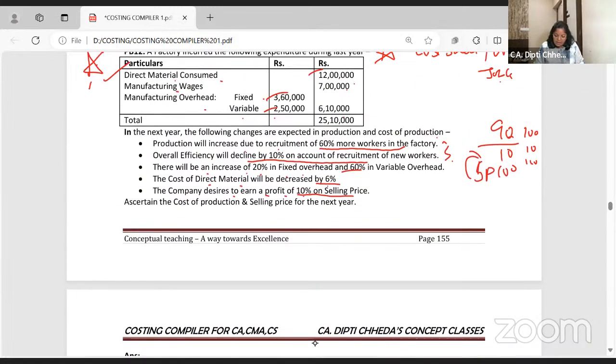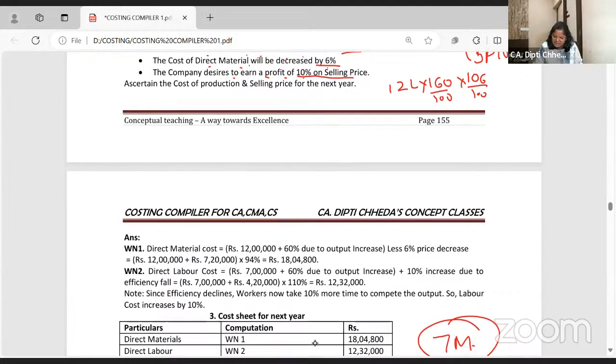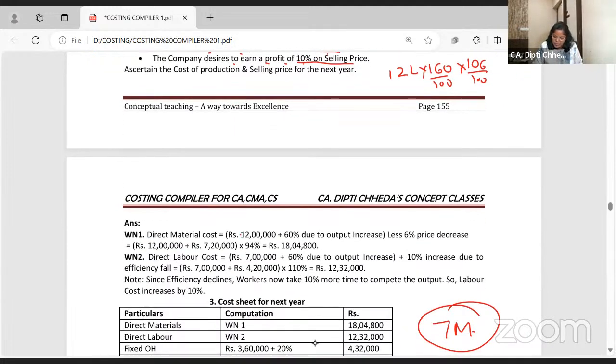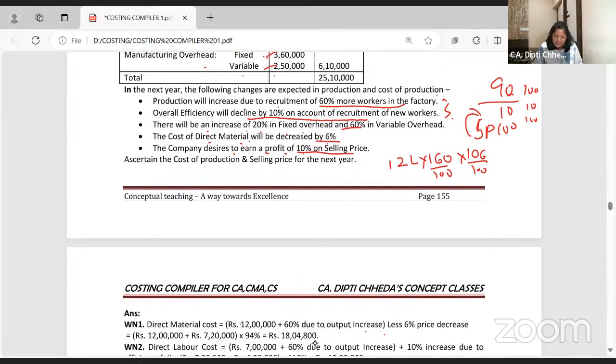Now, because you are producing 60% more, your material cost will be 12 lakh into 160%. Why? Because production will increase by 60%, more material is required. And price will also change. Sorry, it will decrease.